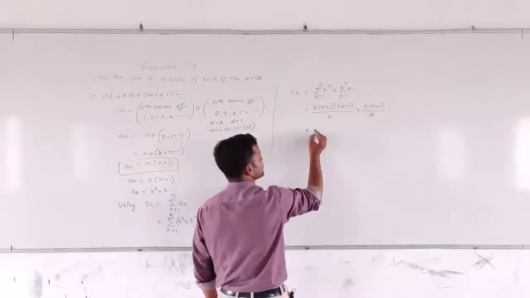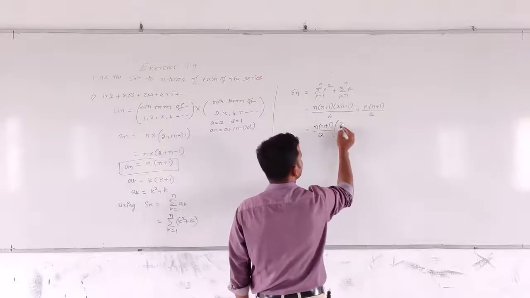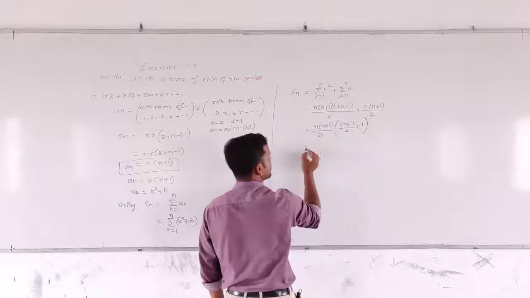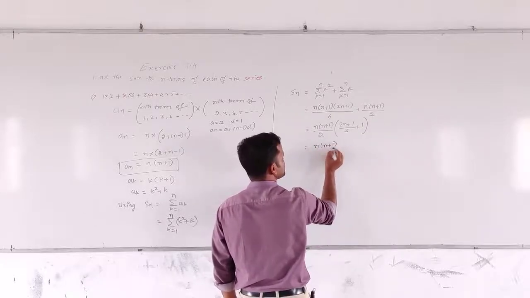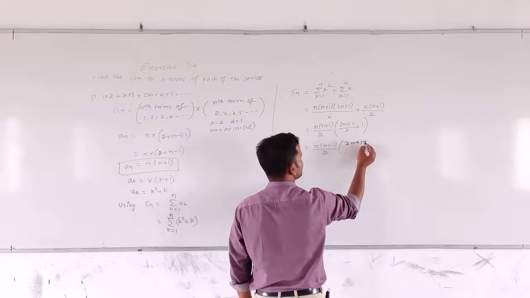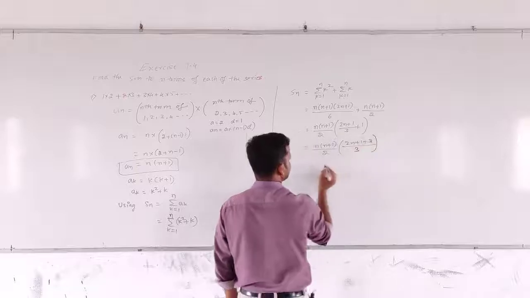Take common here. The common factor is n into n plus 1 by 2. Remaining is 2n plus 1 by 3 plus 1. n into n plus 1 by 2, cross multiply 2n plus 1, this becomes 3 divided by 3.